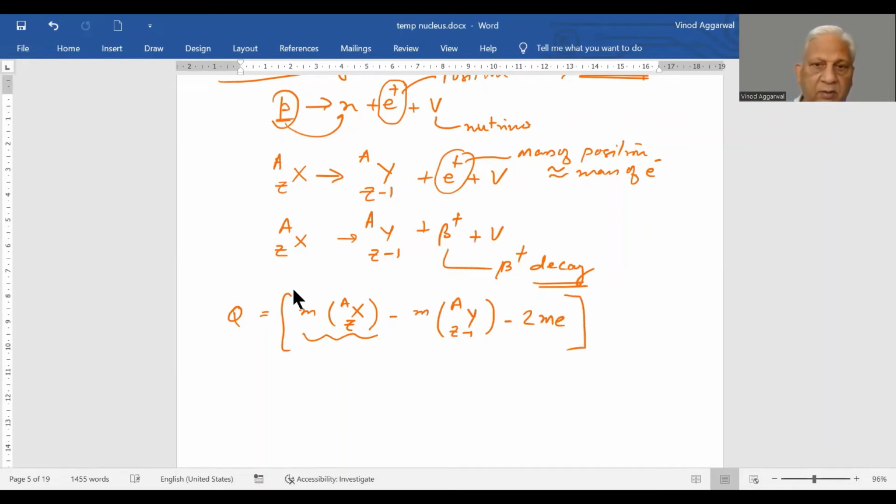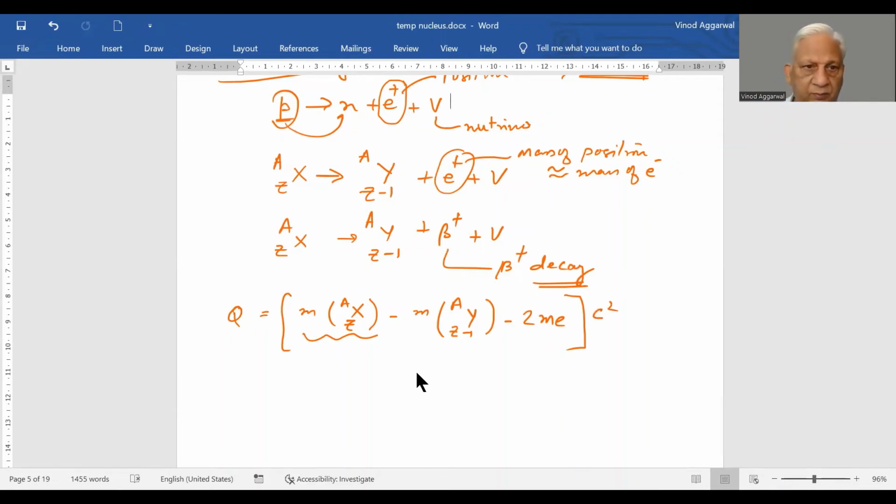And if we take out the weight of the electrons from both the sides, what we get is 2 extra electrons in the final product, 2mec².